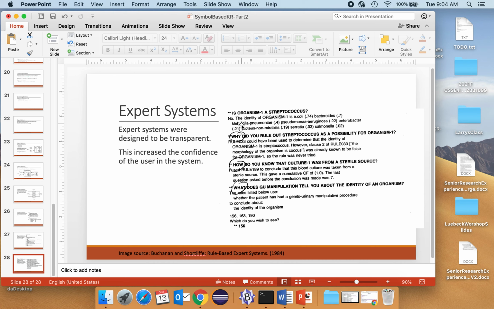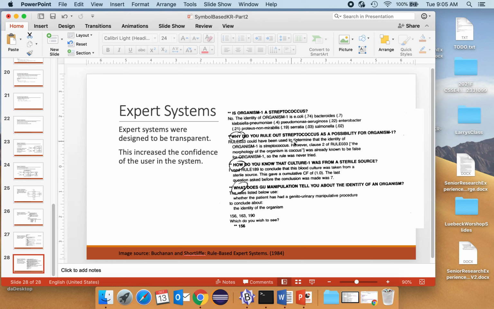And the answer is no, okay? And then the user can say, why did you rule out Streptococcus as a possibility for organism 1? And so what they do is they actually take those rules and display them, right? So you can see a little bit under the hood of these expert systems.